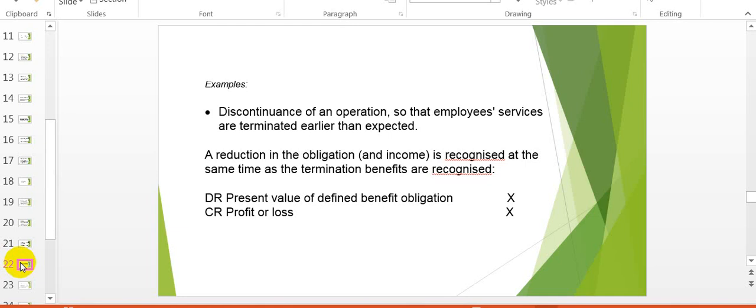So this reduction is recognized at the same time as the termination benefits are recognized. Your entry will be to debit the present value of the defined benefit obligation and credit profit or loss.